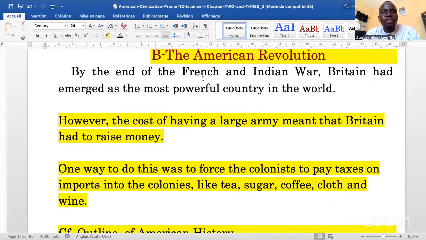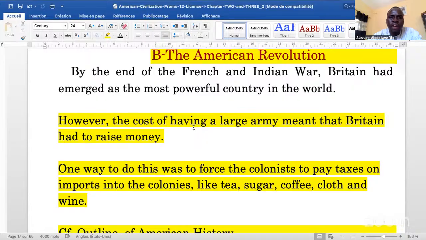By the end of the French and Indian War, Britain had emerged as the most powerful country in the world. So here you have to understand that after the British won against the French, England became one of the most powerful countries in the world. They became a world superpower.